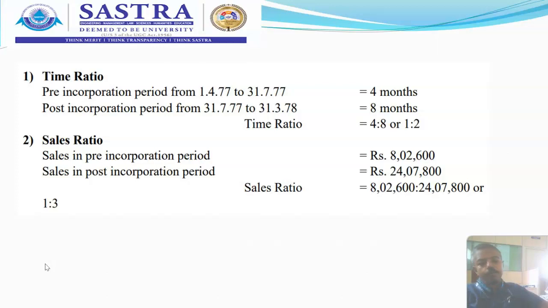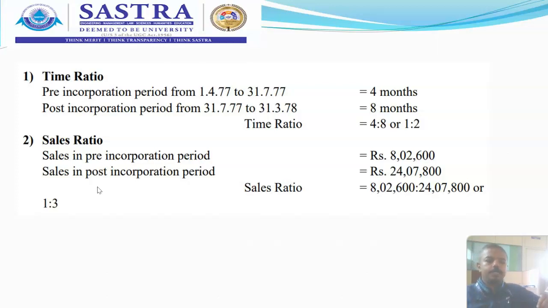So now, the first thing we need to do is calculate the sales ratio and time ratio. How do we calculate them? Let me first take the time ratio, since we have all the dates. Time ratio: take the pre-incorporation period.